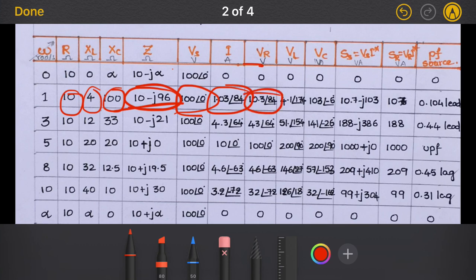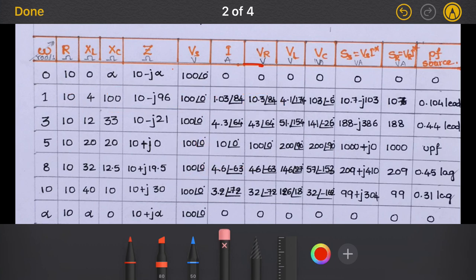Similarly, VR is I into R. We know the I value and we know the R value, that is 10, so we can calculate the VR value. Similarly, the VL value is I into jXL, you will get this VL value, and VC is I into minus jXC, you will get this value.